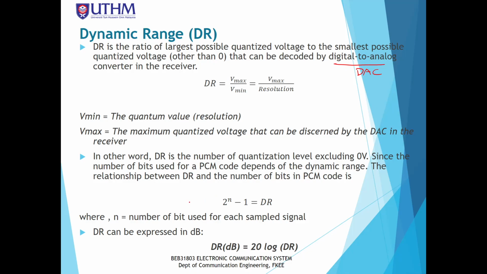Or you can say that the dynamic range is equal to 2 to the power of n minus 1, the number of levels minus the 0 volt. Okay, that is the dynamic range. And dynamic range can be expressed in decibels, which is 20 log of the dynamic range.